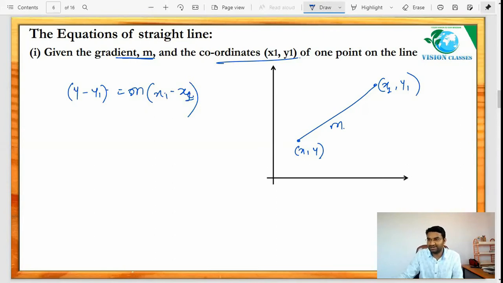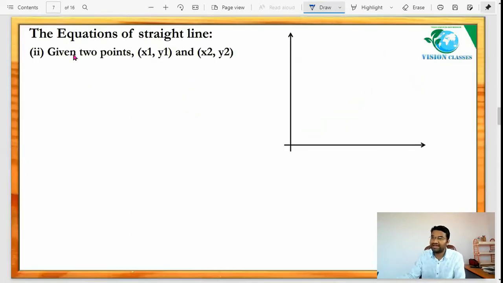Okay, got it? Now next, the equation of a straight line having two points.